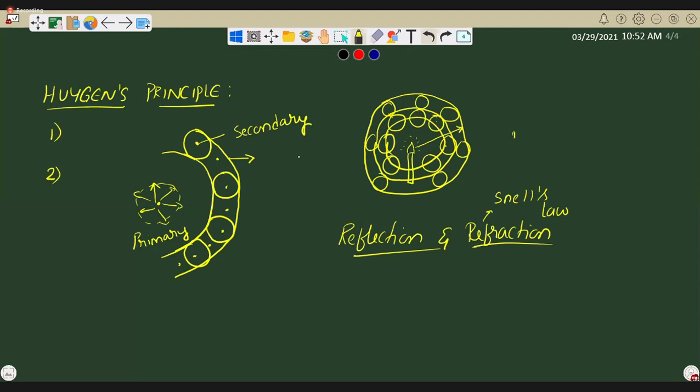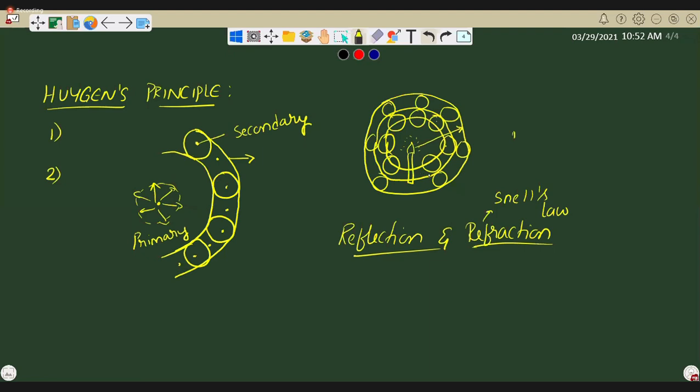Now when I say light is a wave, only if I can explain reflection and refraction can I say that yes, light has wave nature, right? See, if your laws are changing whenever light is changing, will it become scientific? No. So whether I am in your class, in my house, at my parents' house or in-laws' house, I will be the same, right?